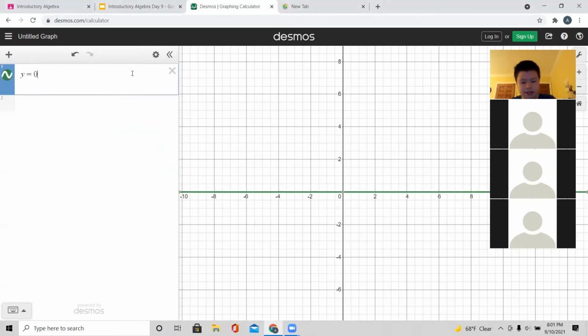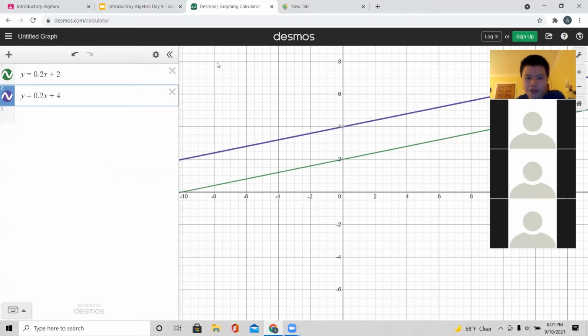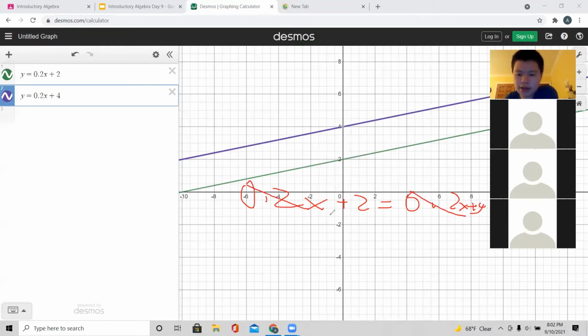However, let's take these two lines: our original form a while ago, and then 0.2x plus 4. These are both in slope-intercept form. Let's say we wanted to find x. So 0.2x plus 2 equals 0.2x plus 4. You can subtract 0.2x from each side since it's a like term, but then you get 2 equals 4.